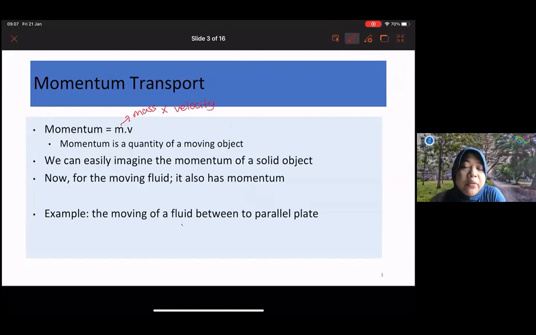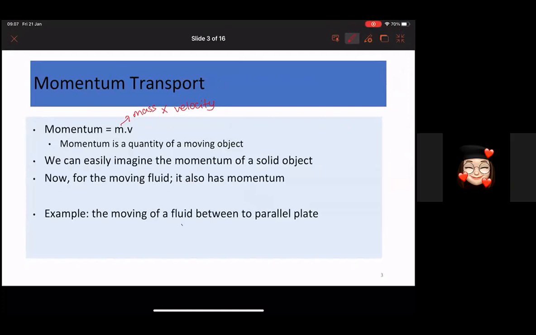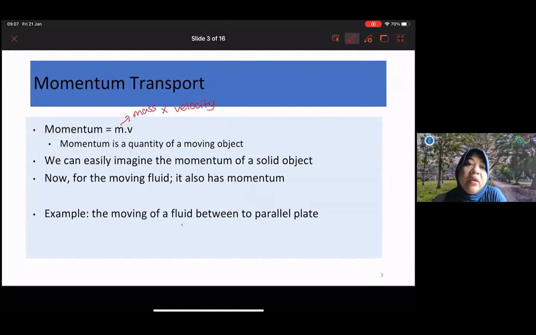Momentum is actually a quantity of a moving object, besaran benda bergerak. So if anyone or anything or any human is moving, they have momentum. But if you don't move, your momentum is zero. So momentum is a quantity of a moving object.